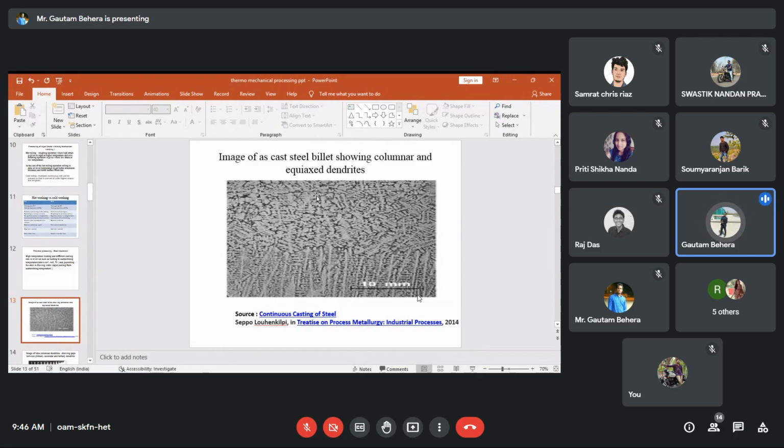After casting of an alloy, you will end up with a dendritic structure. That is one of the conclusions you have to remember. After continuous casting or casting of an alloy, some dendrites may be equiaxed, some may be directional.